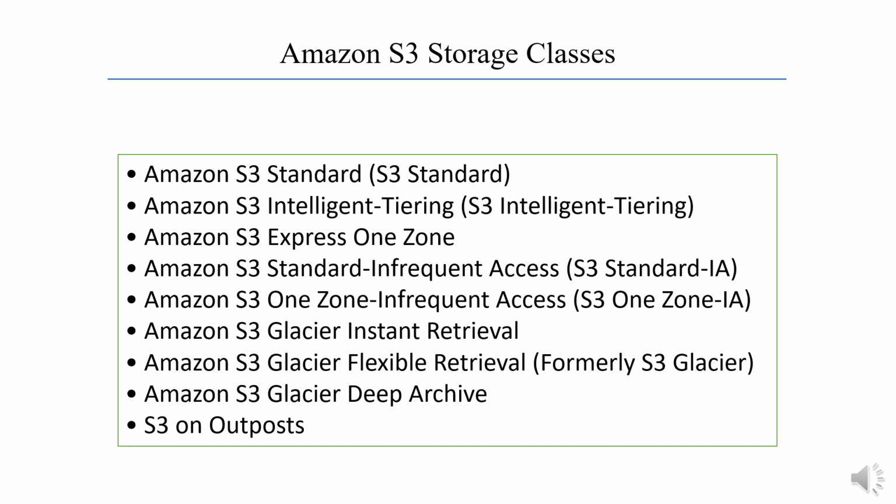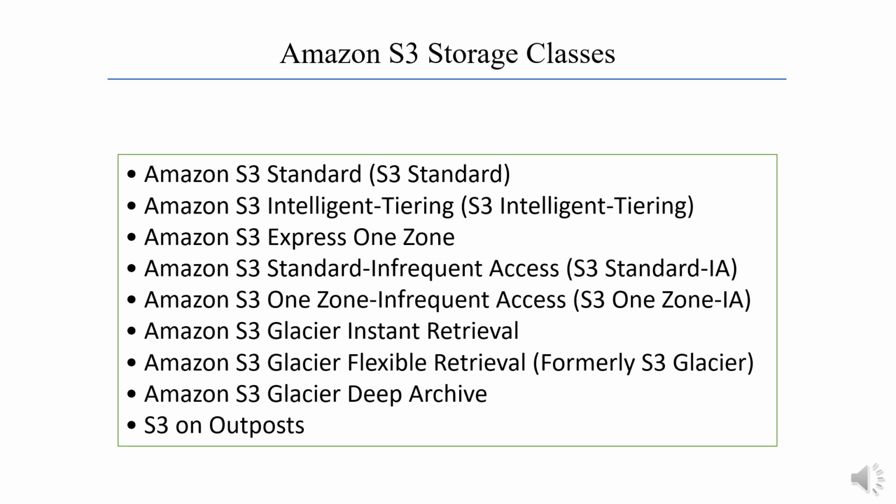Amazon S3 Standard Infrequent Access. S3 Standard Infrequent Access is good if data is accessed less frequently but requires rapid access when needed. It is ideal for long-term storage, backups, and as a data store for disaster recovery files. Amazon S3 One Zone Infrequent Access.